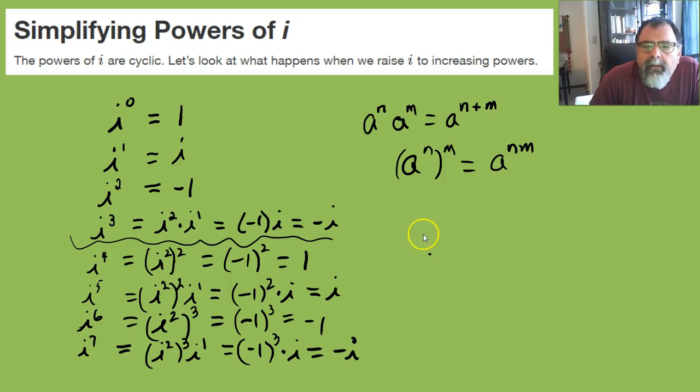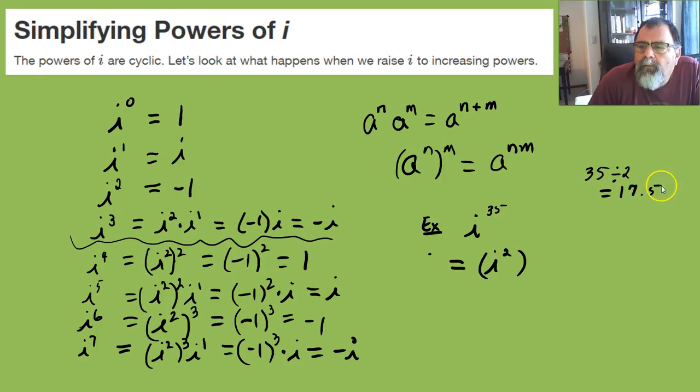Example 8. They want you to simplify the power of i, and it's i to the 35th power. So what I do is I say, all right, let's divide 2 out. So if I think of 35 divided by 2, that's 17.5. The 0.5 is the remainder 1, because if you work backwards, 2 times 17 is 34, and you need one more to get 35.